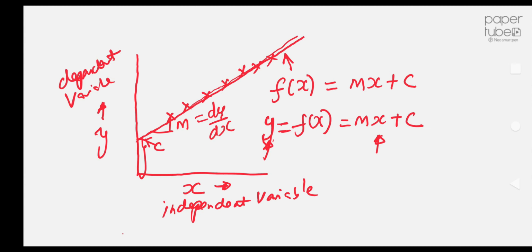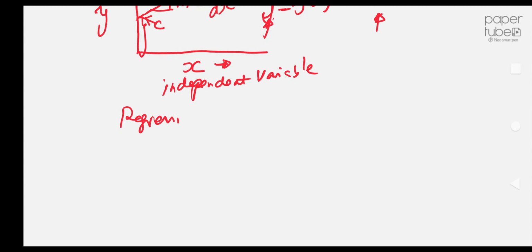Regression analysis is something you can call a data analysis technique, or a method to test whether the function which can predict how your dependent variable changes with respect to the independent variable is accurate. So it checks the accuracy of the mathematical function.